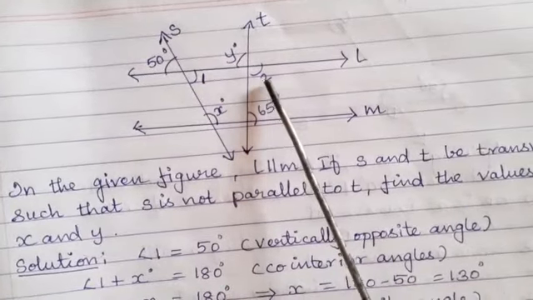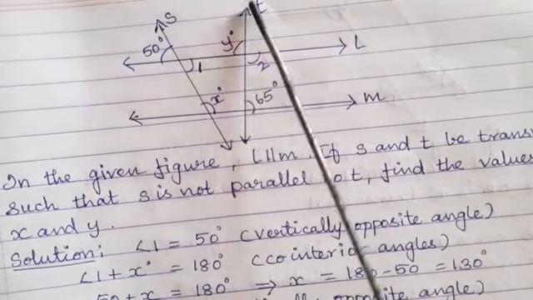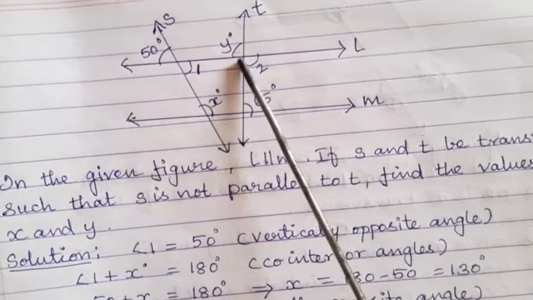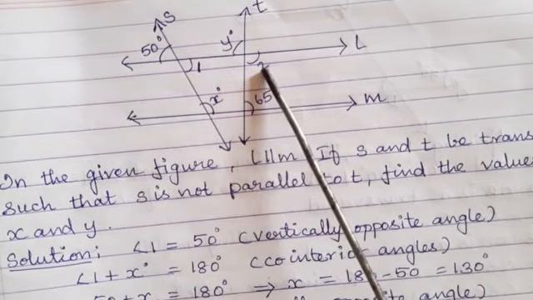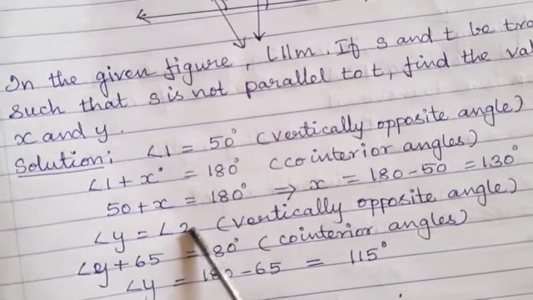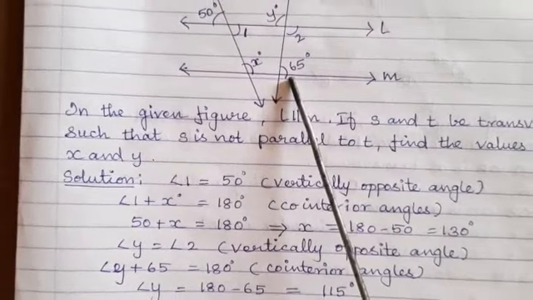Now come to angle Y. Here angle 2 is given. Angle 2 is equal to angle Y, because the transversal T and the parallel line L cut and make an intersecting point, so vertically opposite angles are equal. So angle Y equals angle 2. First we have to write that down. Then here it is given in the figure, 65.